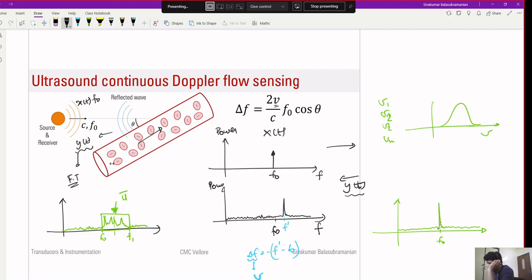The received pulse also has a peak, but a smaller peak, of course, compared to the original signal at f naught. What does it tell me? There is no delta f, so v is 0. That means the blood is not flowing. It's stagnant. Okay, what if you see something like this?